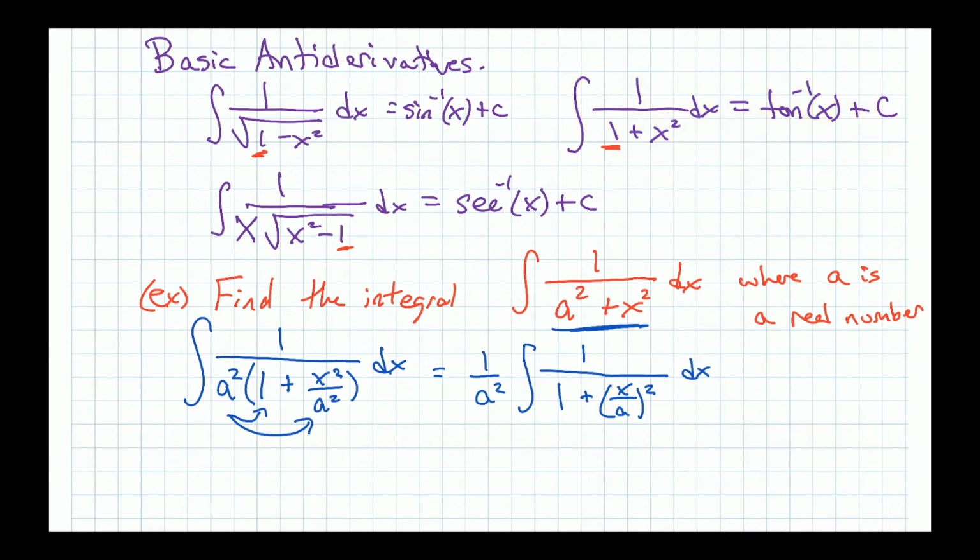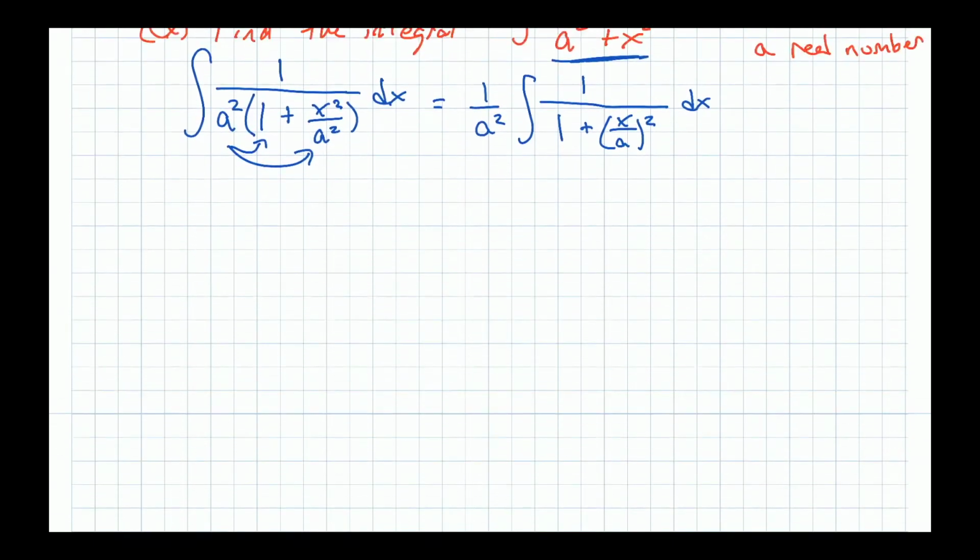So let's fix that with a U-substitution. So we're going to say let u equal x over a. Again, a is just a constant, which would mean du is dx over a, or dx is a du. So you make that substitution, we're going to get 1 over a squared integral 1.